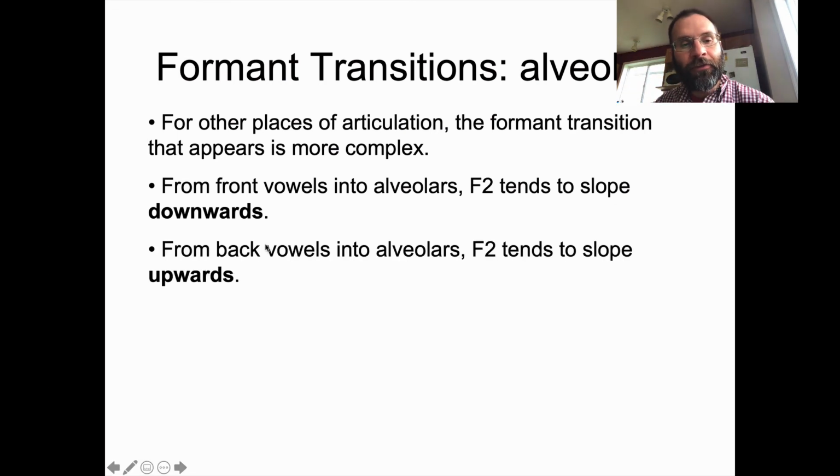Conversely, back vowels, if you think of these as velar articulations, and you think that there's a velocity antinode for F2 at the velar place of articulation, that will lower F2. And if the back vowels are lowering F2 and an alveolar articulation is raising F2 a little bit, F2 should go up if you go from a back vowel articulation into an alveolar stop. That's why we're getting these two patterns here.